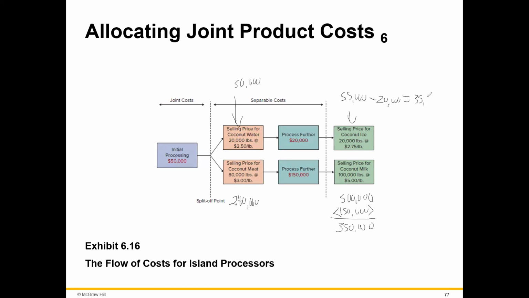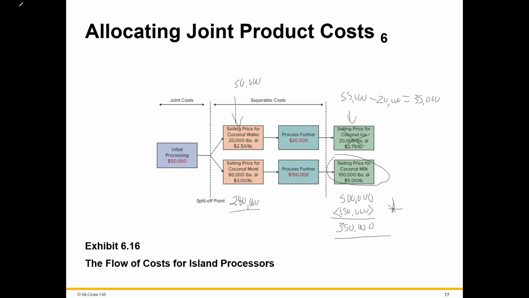So I would say, yes, we would want to do the coconut milk because we make $350,000 versus $240,000, but here we would make only $35,000 versus $50,000. So it looks like it makes more sense to sell the coconut water than make the coconut ice. I'm going to cross that one out. And then it makes more sense to do the coconut milk than the coconut meat in this case.